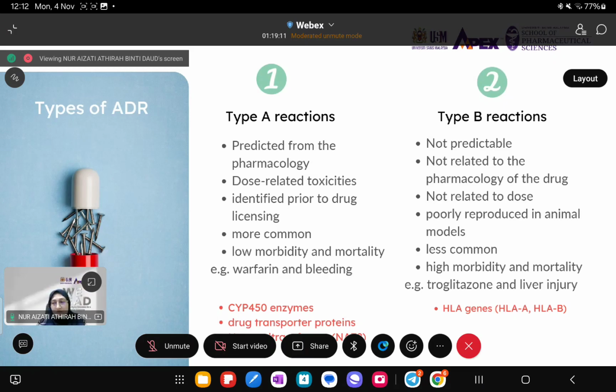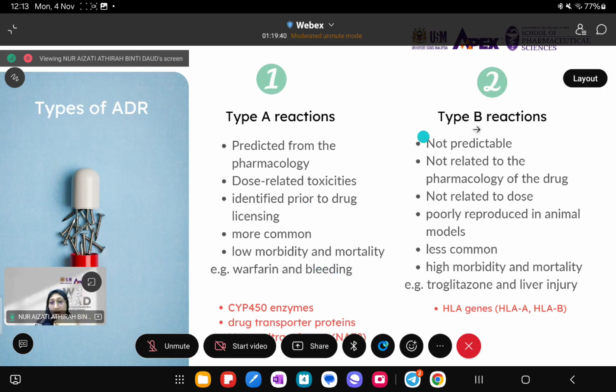And you just have to mention it early to your patient. Also, type A reaction is those related toxicity identified prior to drug licensing. Maksudnya the drug company tu before they register, dia dah masuk dah siap-siap dalam drug pamphlet. All these side effect kan, berapa persen apa semua. It is more common and it has low morbidity and mortality. Maksudnya it's just that patient tu tak boleh tolerate lah.